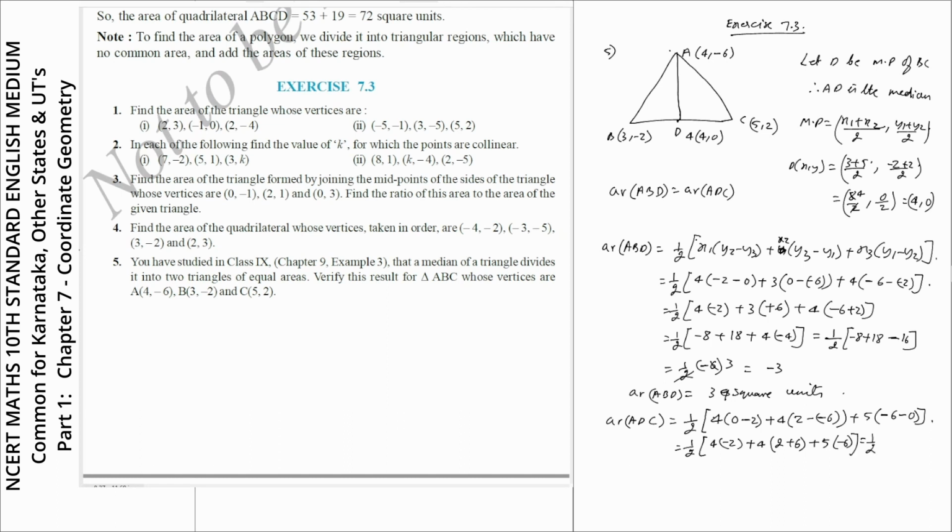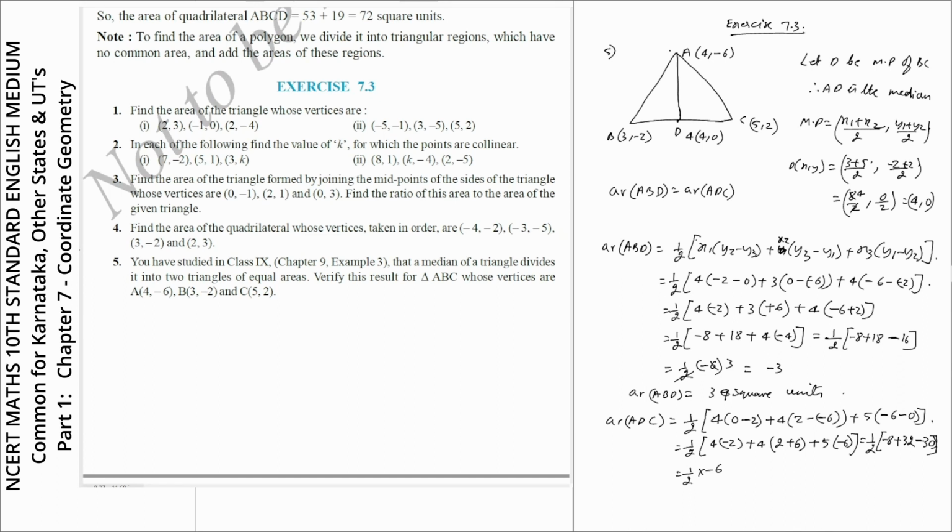So here 4 2s are 8, minus 8, plus here 2 plus 6 is 8, 8 4s are 32, then 5 6s are 30, plus into minus is minus 30. So this is equal to half. So minus 8 plus 32 minus 30 is minus 8 plus 2, I'll get minus 6.